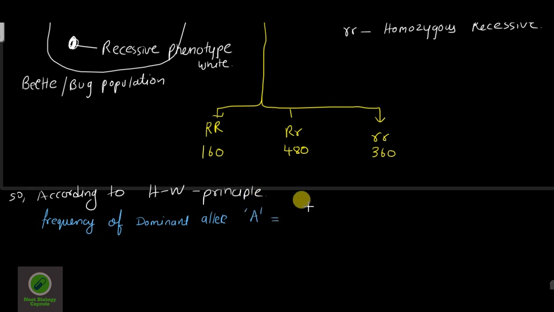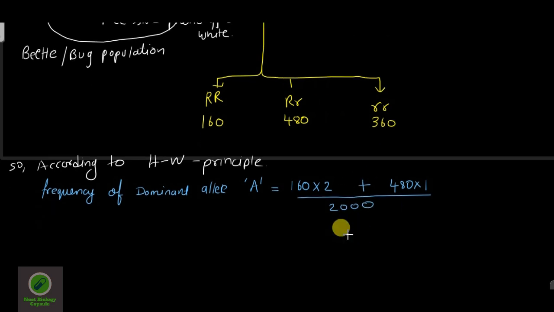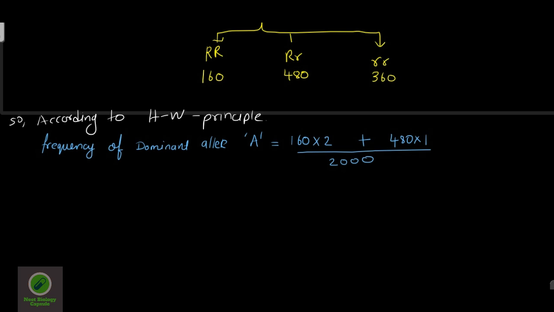So 160 into 2, as one person has two dominant R and there are total 160 individuals. Similarly 480 people will have only one R, so 480 into 1. Total number of population is 1000, so alleles will be 2000.